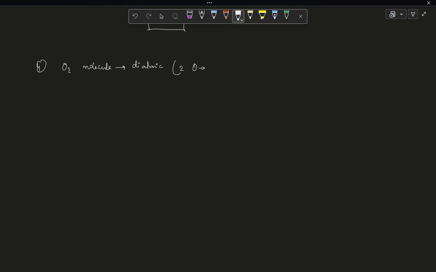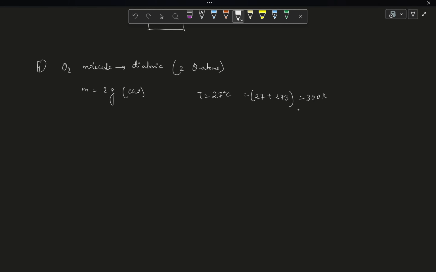Now the mass of that oxygen gas is given as 2 gram. This is in CGS, so we keep it in CGS. We do not convert it because ultimately we need to match all the units, right? Now the temperature is given as 27 degrees centigrade, which is 27 plus 273, which is 300 Kelvin.